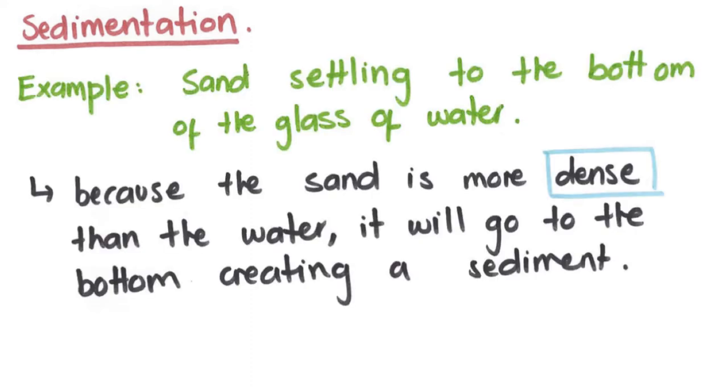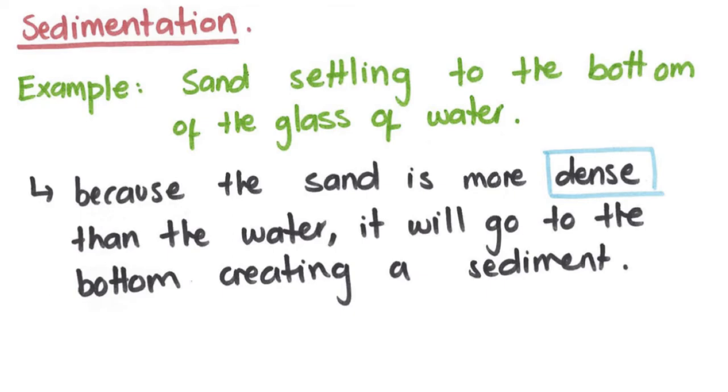Sedimentation. We did an example of this with cleaning dirty water. An example that is given in the book is when you have sand settling to the bottom of a glass of water. This goes back to what we have done in previous chapters. Why does the sand go to the bottom of the glass? Because it's more dense. So again, it's talking about those properties of the substances, which give us the indication of what type of technique we can use to separate the mixture.